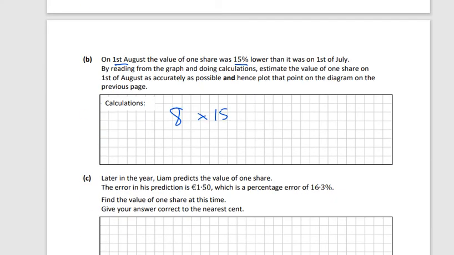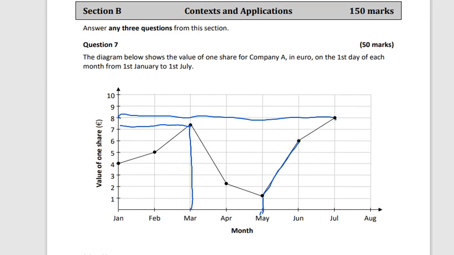We're going to find 15% of 8, and it's 1.2. Because it was 15% lower, 8 minus 1.2 is 6.8. Therefore, it's 6.8 on the 1st of August. And we'll just go up to 6.8, which is about here, and then you have to draw the line down.